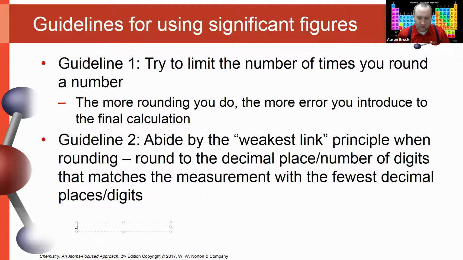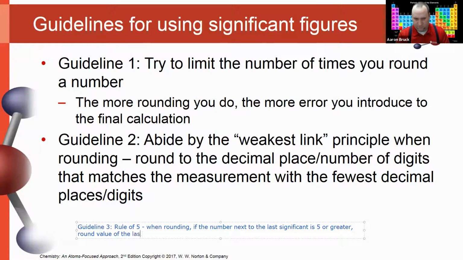The other guideline that you'll want to add is something we call the rule of fives. If the number next to the last significant digit is 5 or greater, you're going to round up.